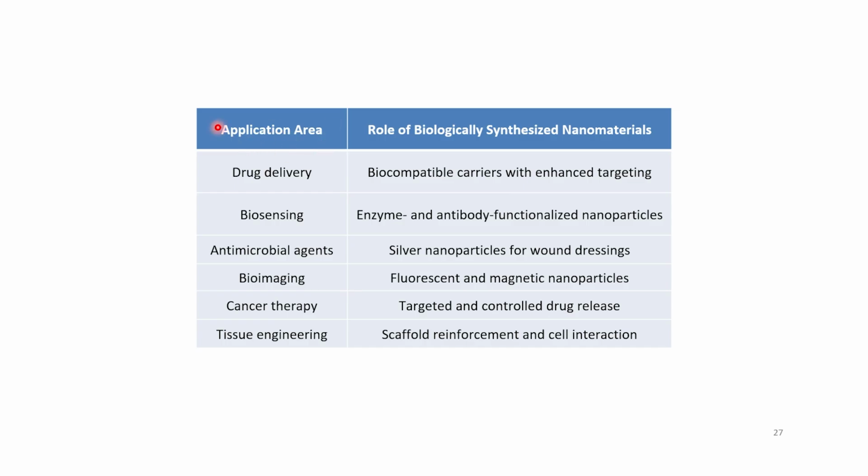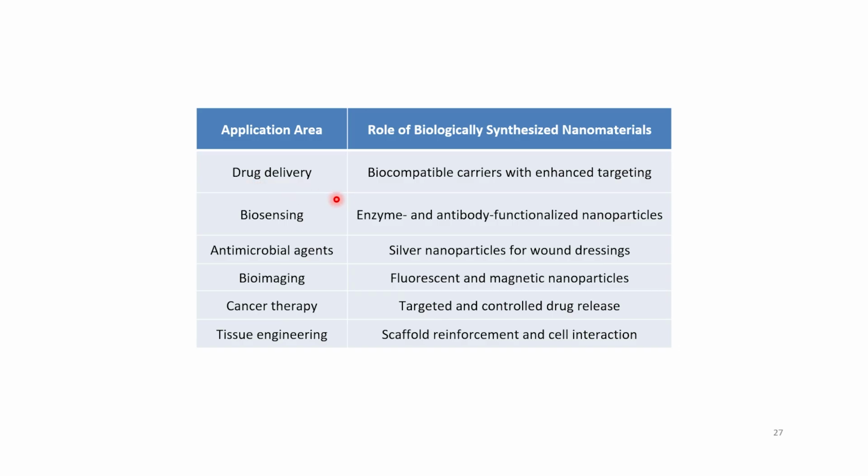So there are various application areas. These nanomaterials can be used in drug delivery, biosensing, as antimicrobial agents, in bioimaging, in cancer therapy, in tissue engineering. Depending on the application area, you can synthesize your nanomaterials. What is the role of biologically synthesized nanomaterials in a particular application area?